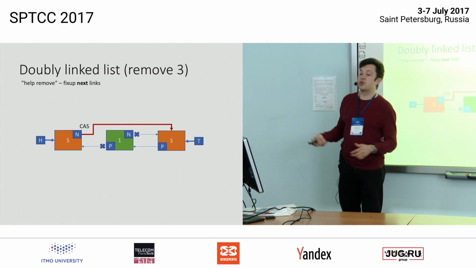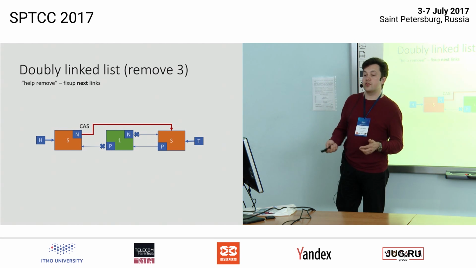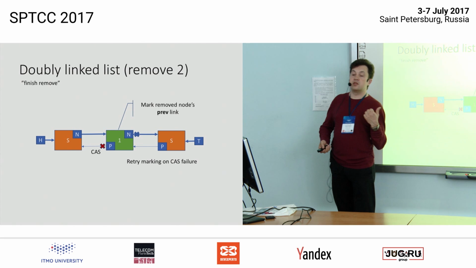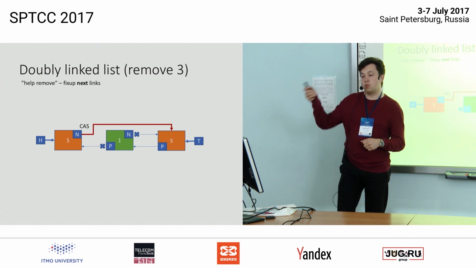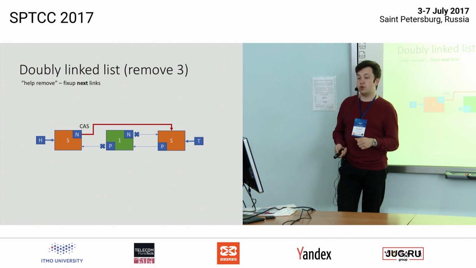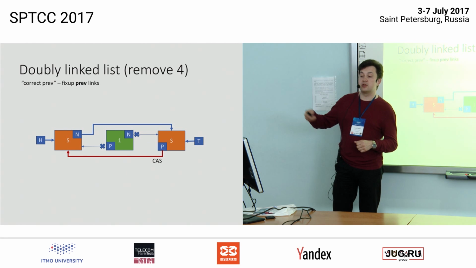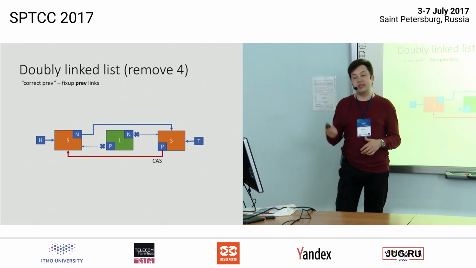This operation is called helping remove. Why is it helping remove? Because if some other thread encounters the data structure in this intermediate state, it will help to swing the next reference from the previous object around the removed object, and it will also correct the previous reference. These are two helping operations. I won't go into the details of their logic.